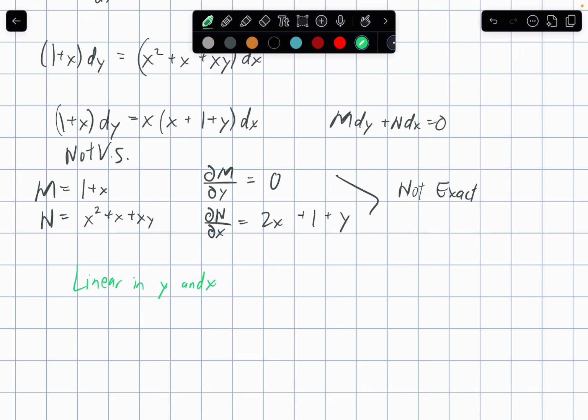But let's see. It says it is linear in y, but not in x. I have an idea. What if, coming from here, we transpose this to the right side by division?